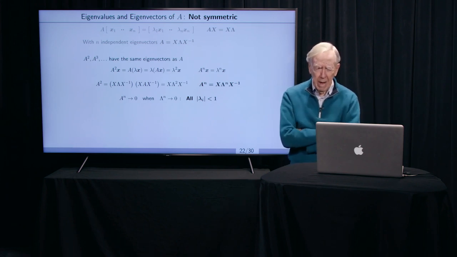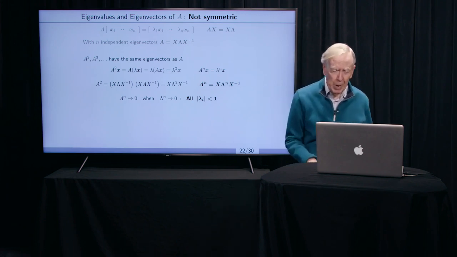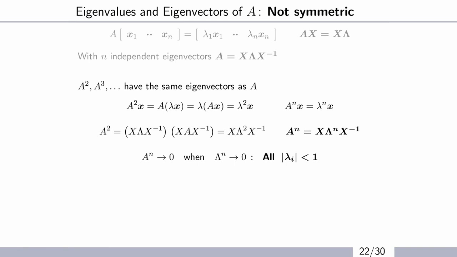I was going to say I'm not going to solve all the problems of applied math, but that's what these are for. Let's just see what's special here about these eigenvectors. Suppose I multiply again by A. I start with Ax equals lambda x.